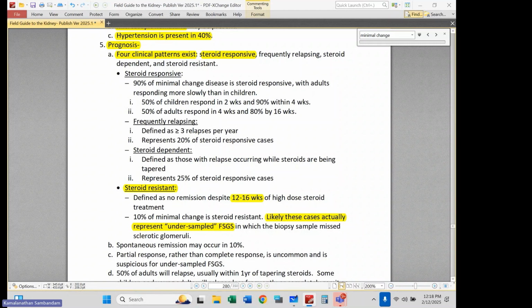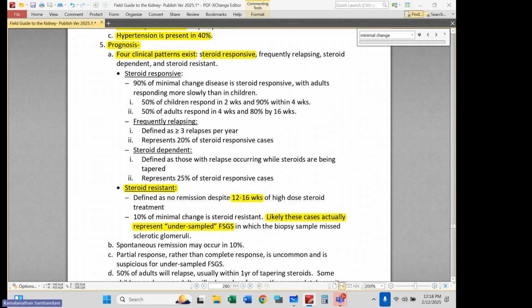That's typically about 4 to usually 8 weeks of steroid exposure before they're prepared to call that steroid resistance. So it's clear that adults take longer than kids to remit in response to steroids in general, okay?